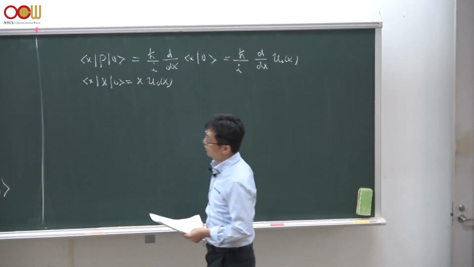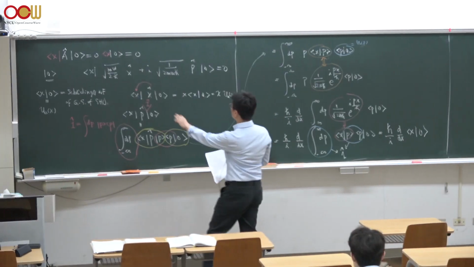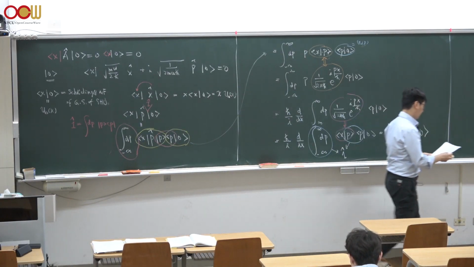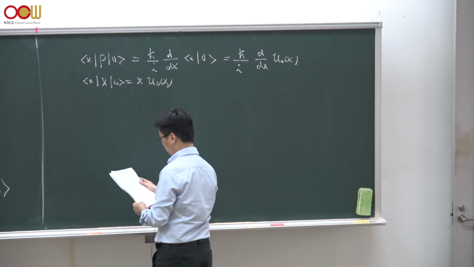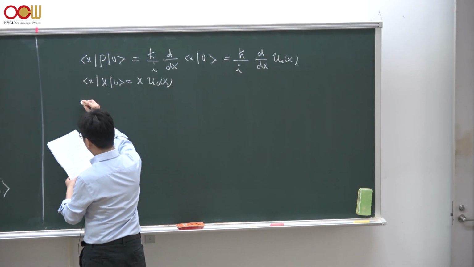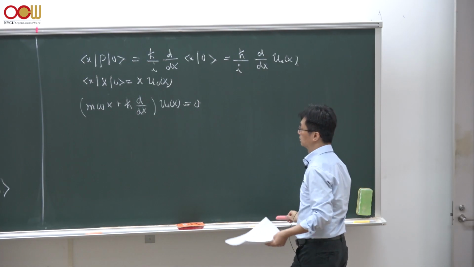So we're simply plugging these two results back into this condition right here, and then we could derive the equation that allows us to get u0(x). So plugging this in, we get this equation.